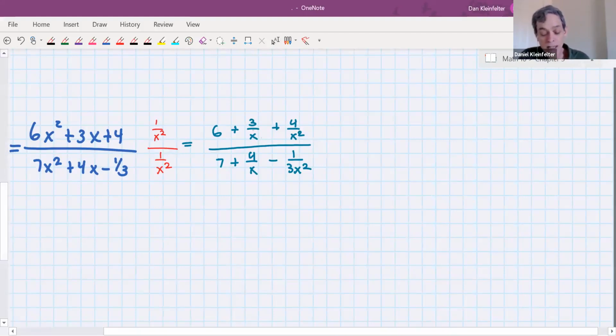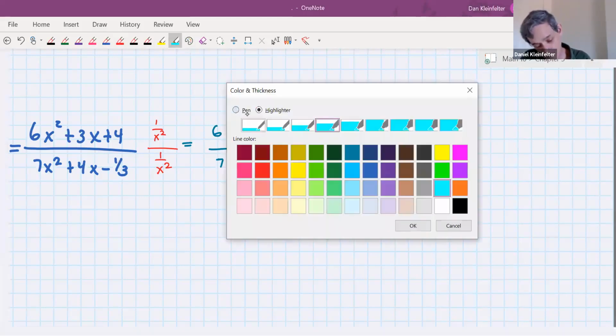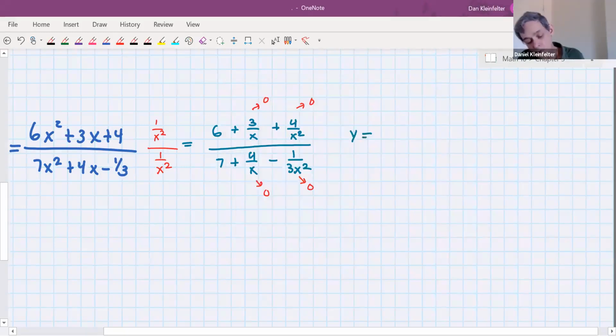So each of the fractions that have x in the denominator are nearing 0, right? So the numerator overall is approaching 6, and the denominator overall is approaching 7. So that means that our horizontal asymptote will be y equals 6/7. Okay, so that's our horizontal asymptote.